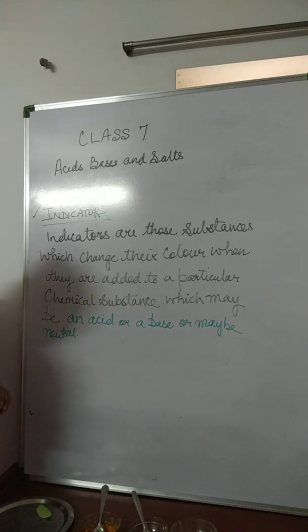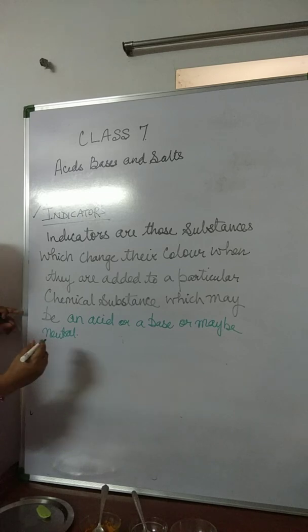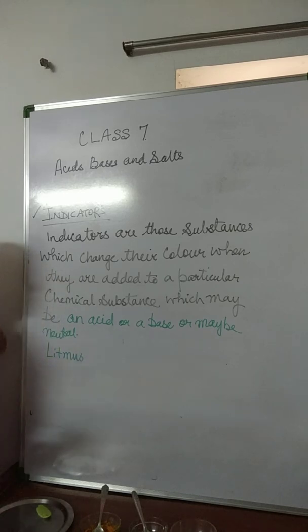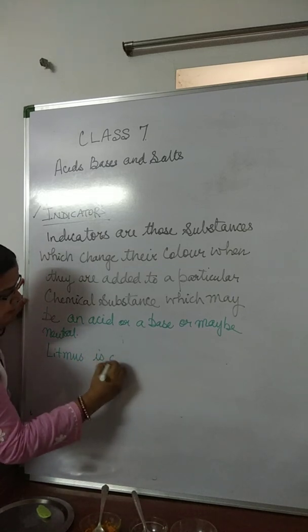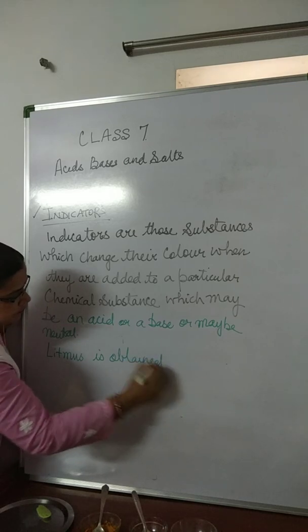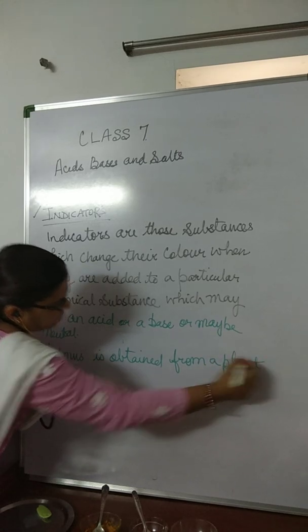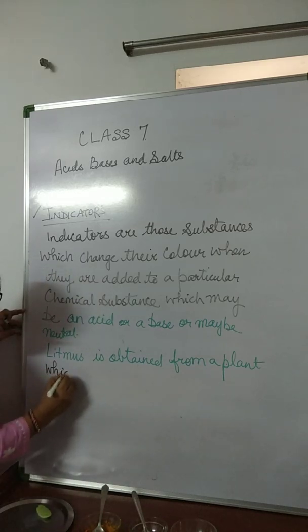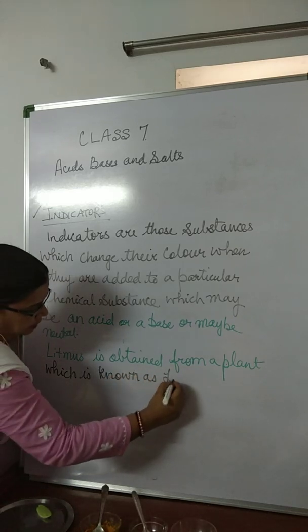I will just write down the name of the indicator which you will be using. One is litmus. Now litmus is obtained from a plant which is known as lichen. Litmus is obtained from a plant which is known as a lichen plant.